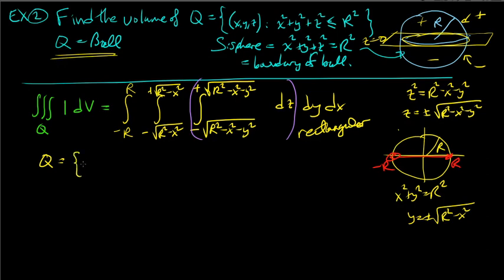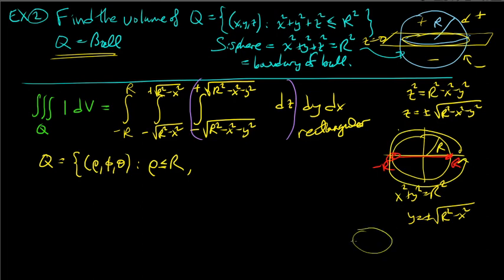This is, after all, a sphere, or the inside of a sphere, the ball. So what would this be in terms of rho, phi, and theta? If we want the entire ball, rho has to be less than or equal to r, if we include the boundary, the sphere itself. Theta goes all the way around. Oh no, theta goes last. We need phi first. Phi is the angle with the z-axis.